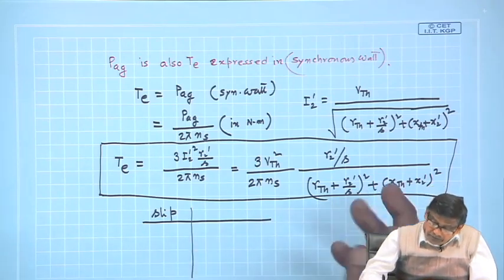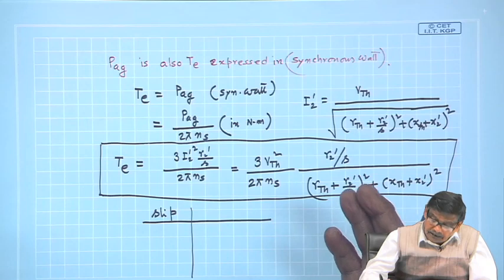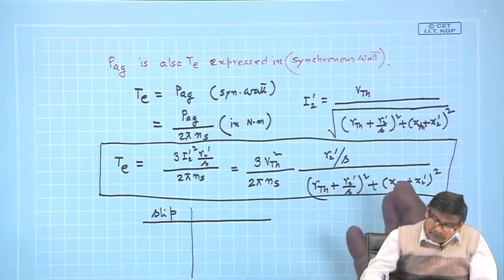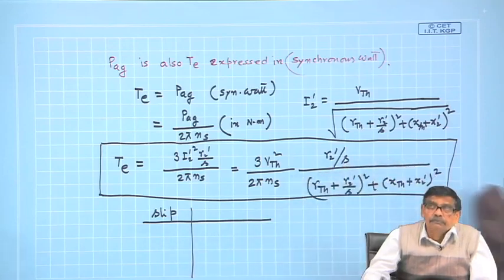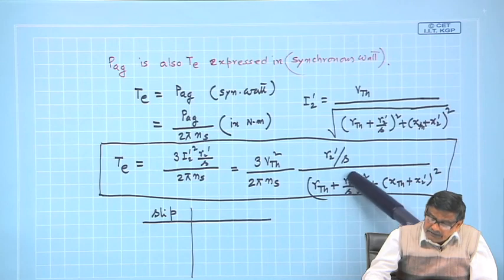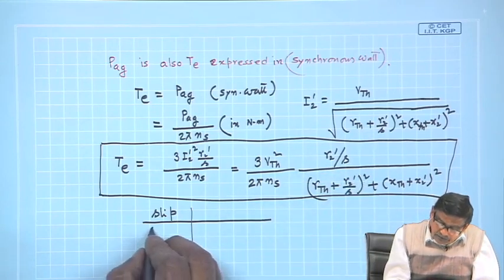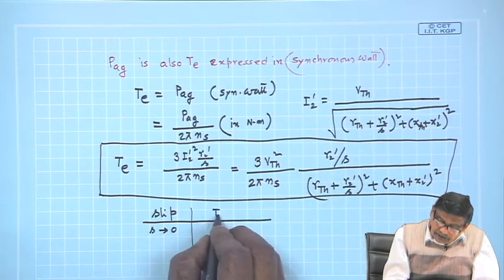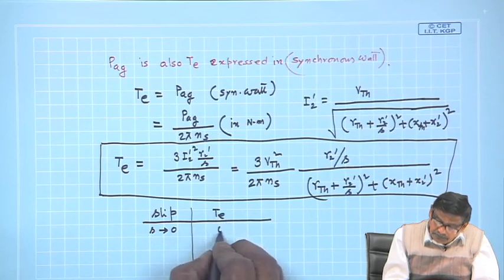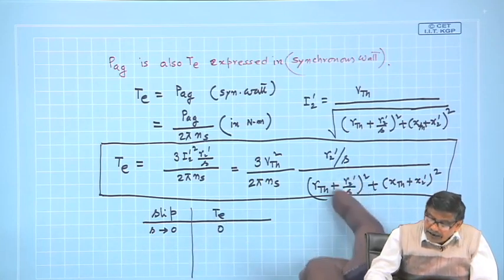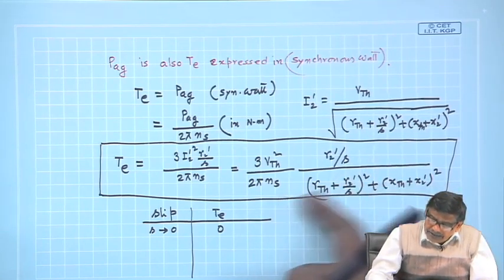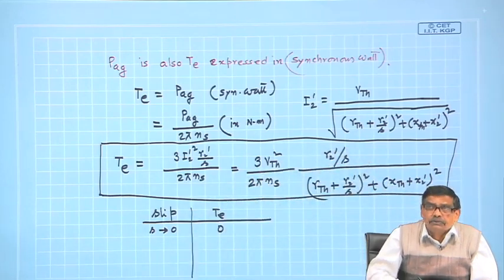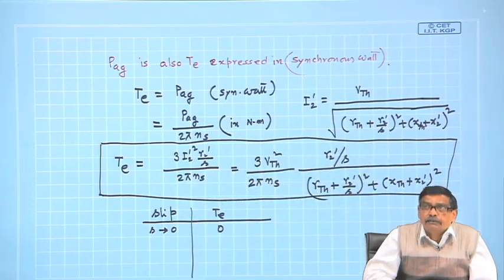and therefore, by putting different values of slip varying from 0 to 1. So, you can easily see, if you put S equal to 0, this torque will be approaching 0, because R2 dashed by S is there; if S tends to 0, torque tends to 0, because there is a square term here, R2 dashed by S whole square, this will dominate, others are negligible, and on the top also there is R2 dashed by S. So, ultimately the denominator becomes infinitely large, I mean just telling mathematically.